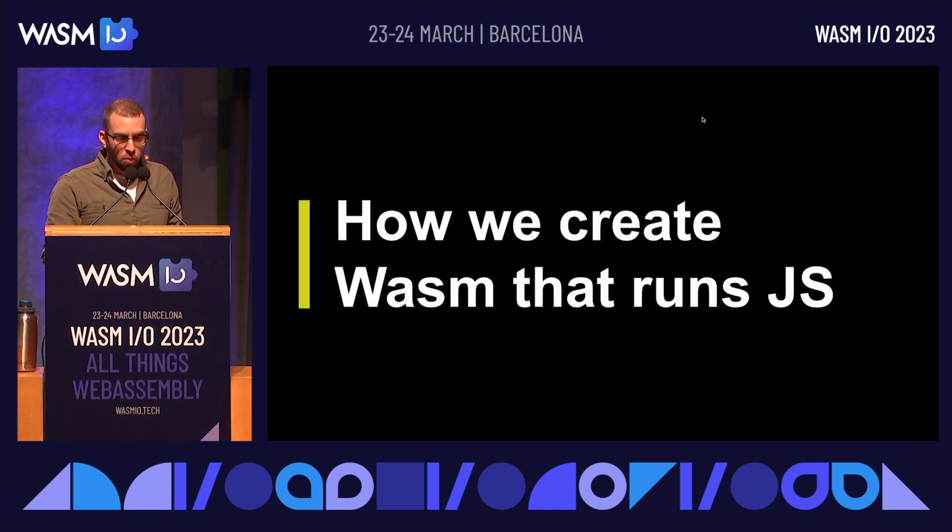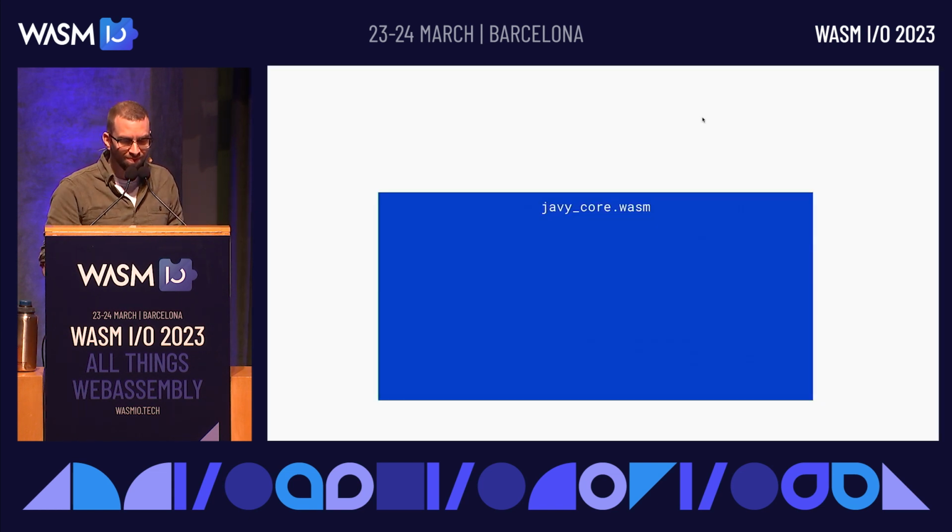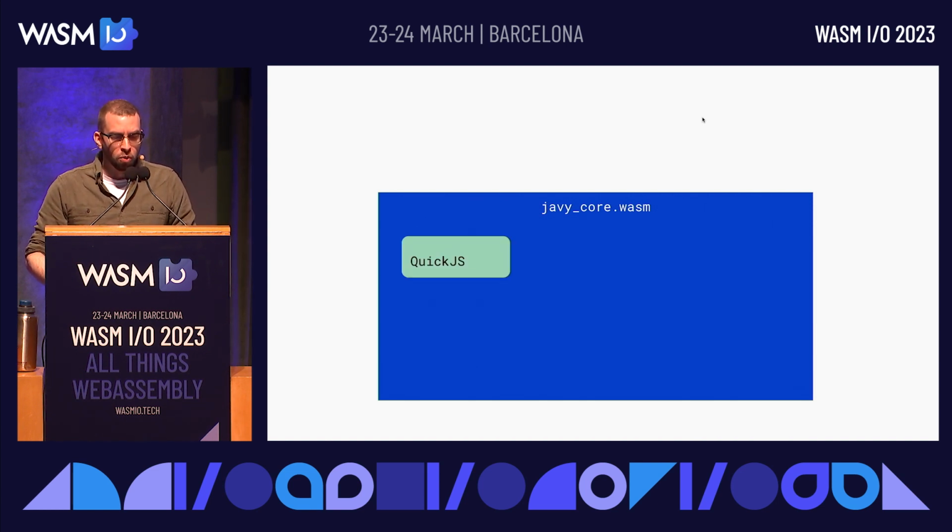So getting a bit more into the depth part of this talk: how we create WebAssembly that runs JavaScript. The first piece I'm going to start with is called JavyCore. It's essentially a Rust application. Starting from the left, we have QuickJS. This is a C library that includes a JavaScript interpreter that's ES2020 compatible.